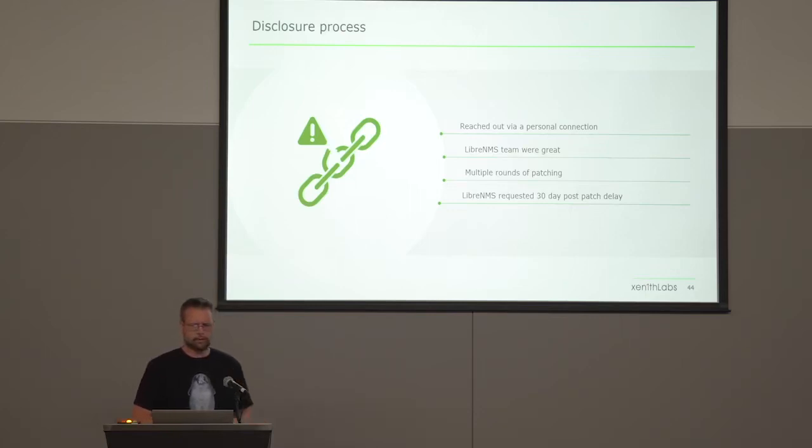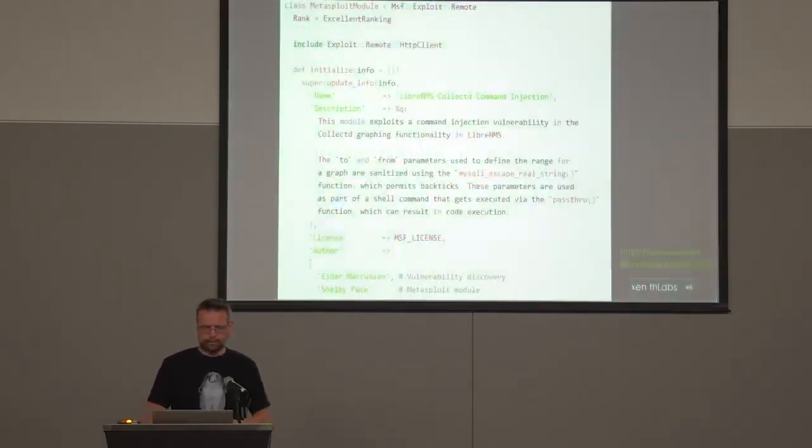They also requested a 30-day grace period after the patch had been available, which we agreed to. I don't think it actually adds any value. It's an open source product. If someone sees the patch, they can go and reverse engineer it and write the exploit, which of course somebody did.